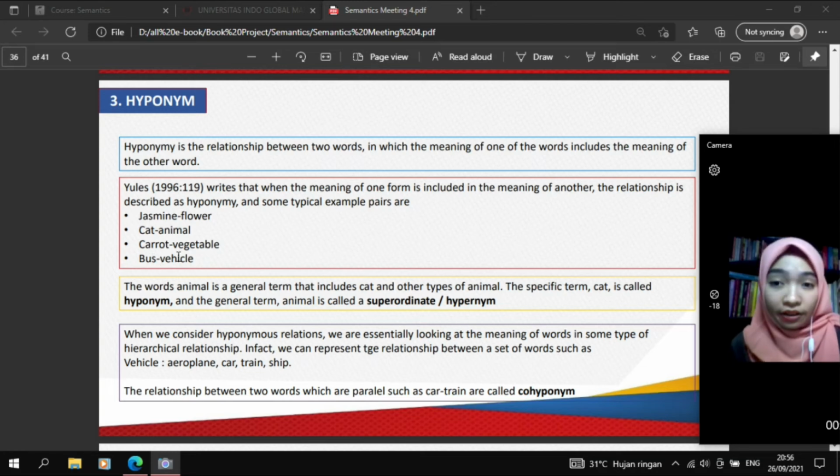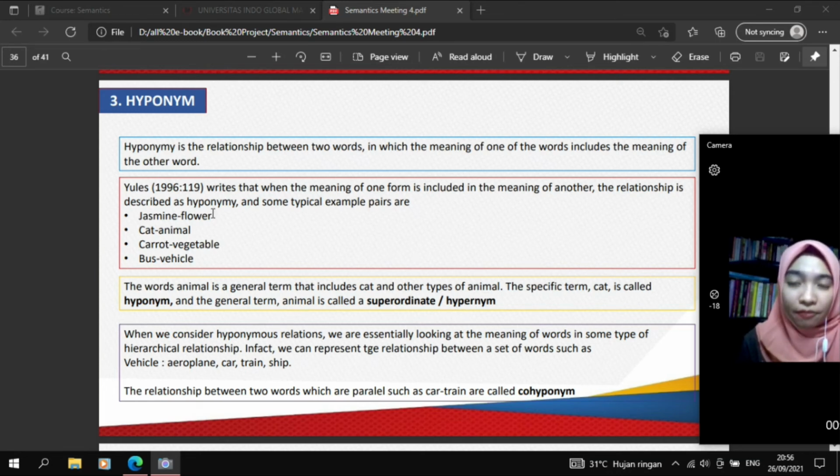Bus is part of vehicles. Here we have hyponym and hypernym. So the word animal is a general term that includes cat and other types of animal. The specific term cat is called hyponym. And the general term animal is called hypernym.